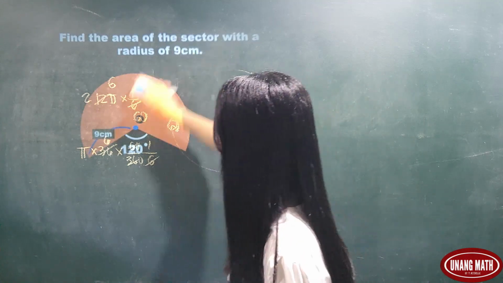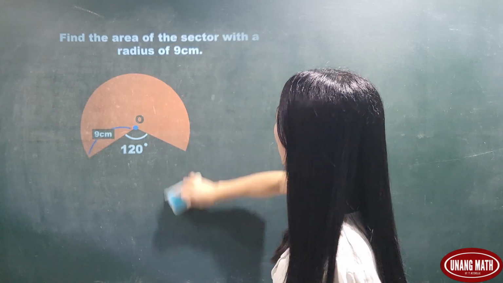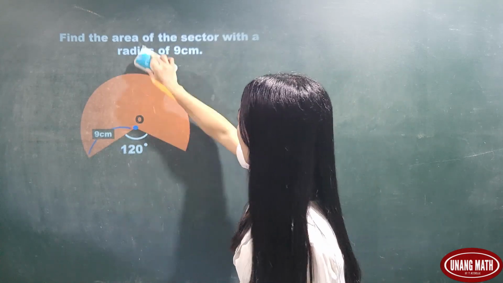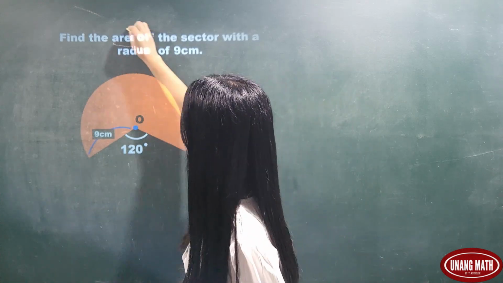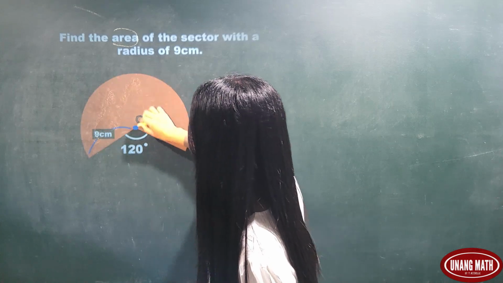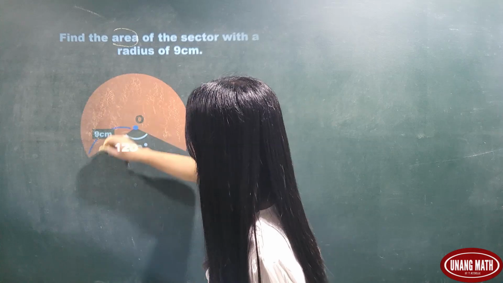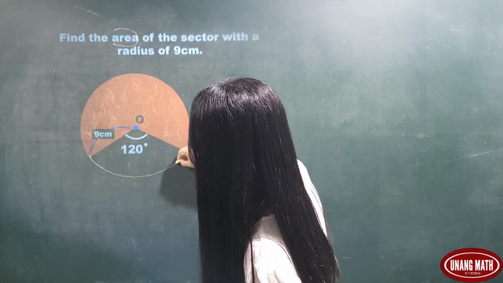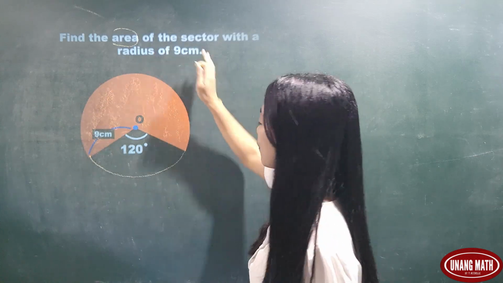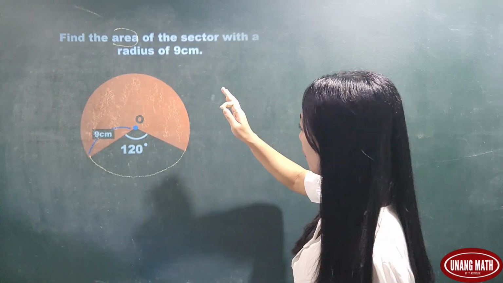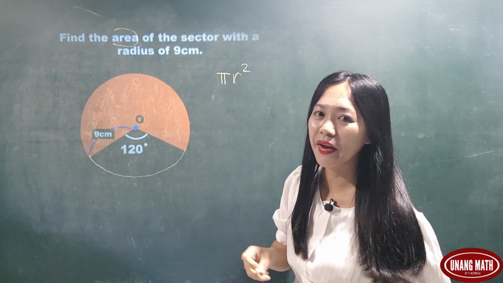Okay, let's try to answer this simple activity. We will find the area of the sector with a radius of 9 centimeters. So, the area of this sector. This sector is part of this whole circle. So, to find the area of the sector, the whole area is pi r squared.